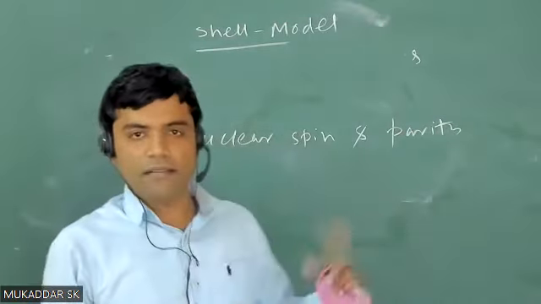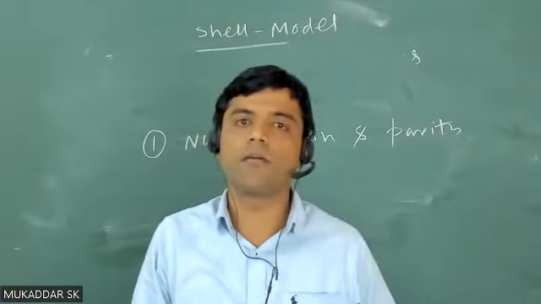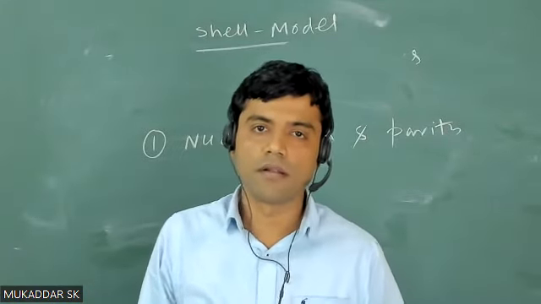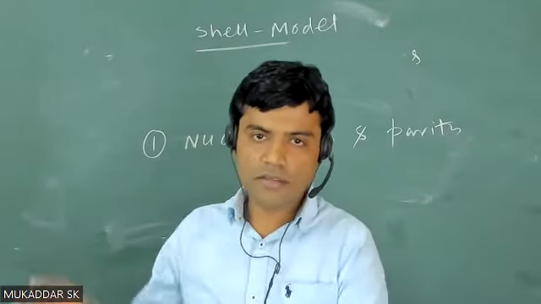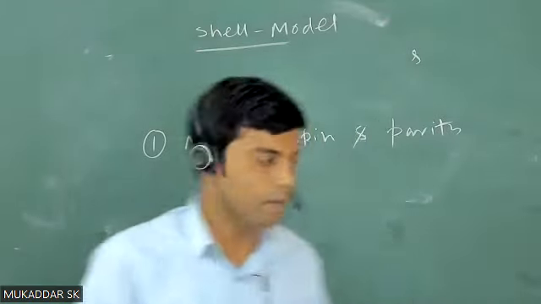Okay, so if you are assuming that the nucleus is having shell structure, then you have experimental data of nuclear spin and parity. So the shell structure should explain that spin and parity.